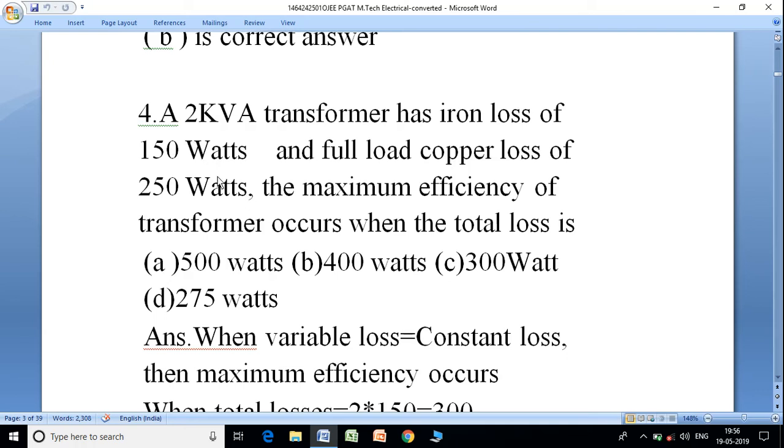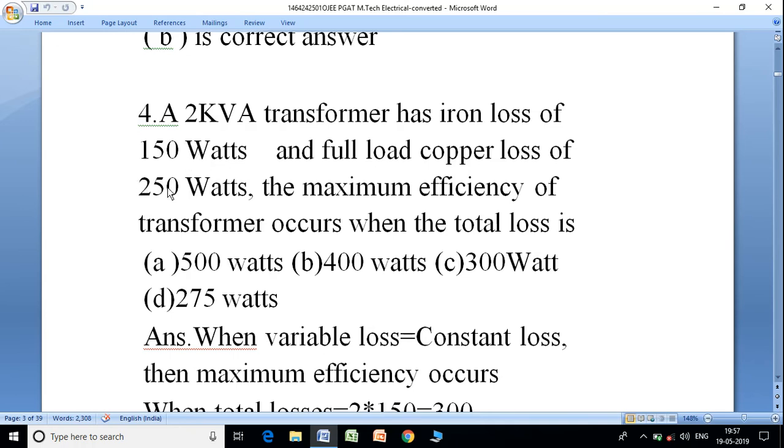So our condition is that the maximum efficiency occurs when the constant loss is equal to the variable loss. The constant loss is always constant, therefore it is 150, so the copper loss is also 150.